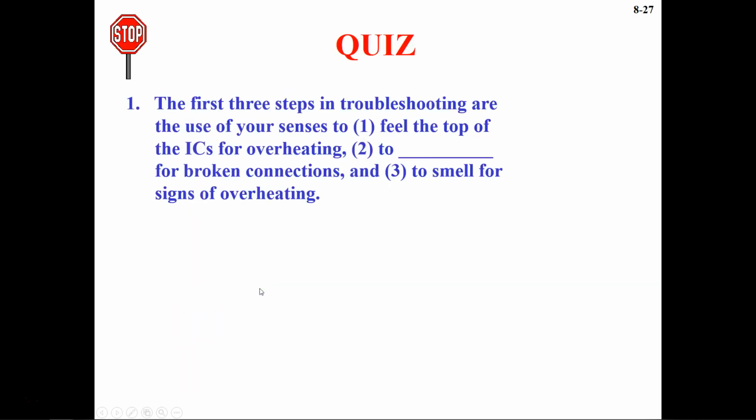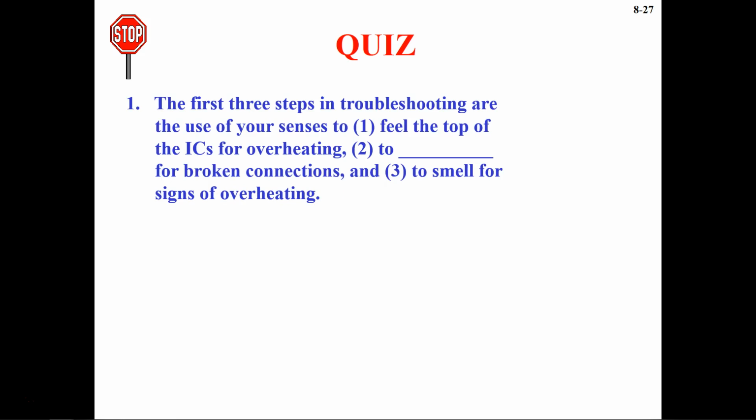Now next is a quiz. The first 3 steps in troubleshooting are the use of your senses, which is to feel the top of ICs for overheating, to dash for broken connections, and to smell for signs of overheating. So the first 3 steps which we saw were to feel it, to smell it, and to look at it, to see.